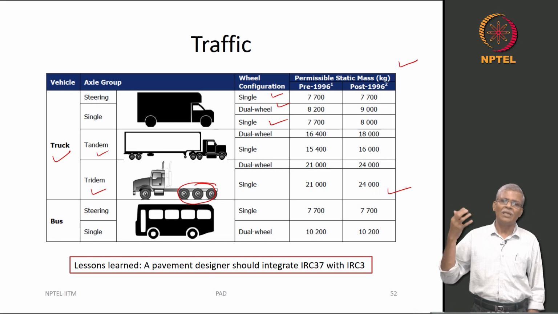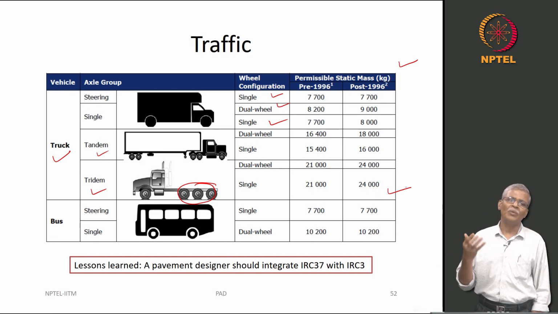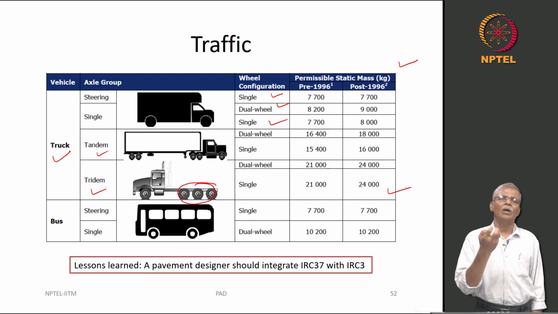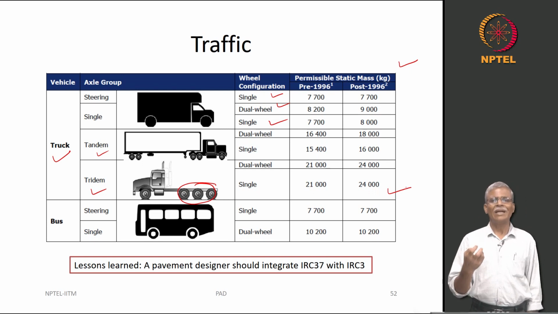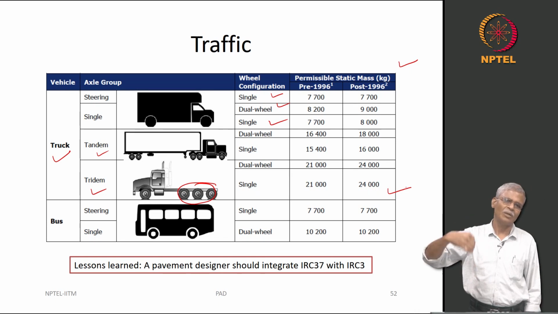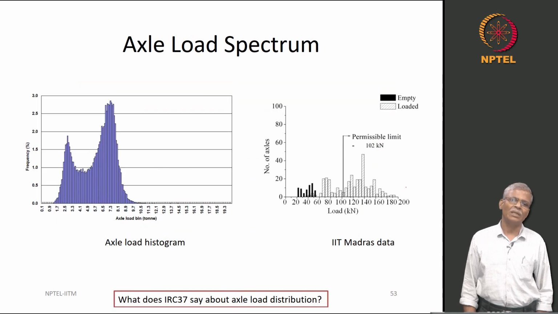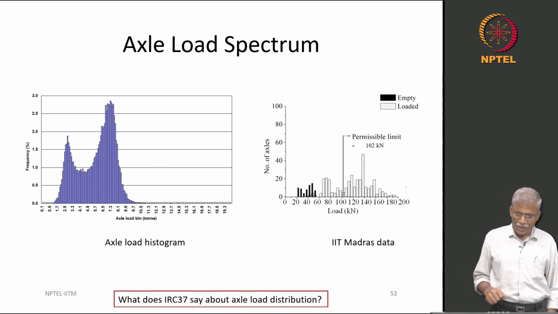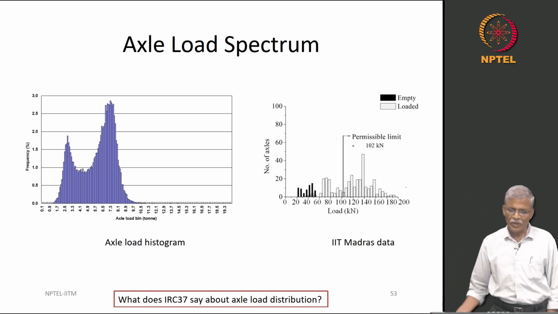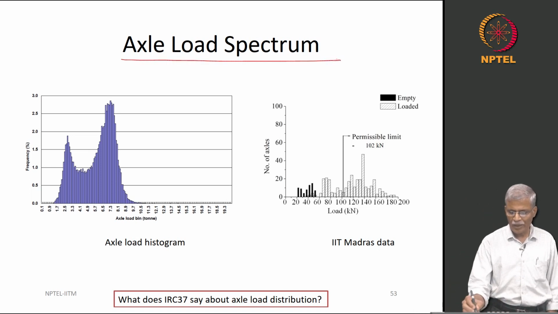Because you are designing a pavement, and for the pavement, what is it that you are designing for? You are designing for the axle load, and those different axle load categories should be part of this guideline. So, that will give you a lot of insight about how the pavement has to be designed. The next important thing that we need to talk about is what is called an axle load spectrum.